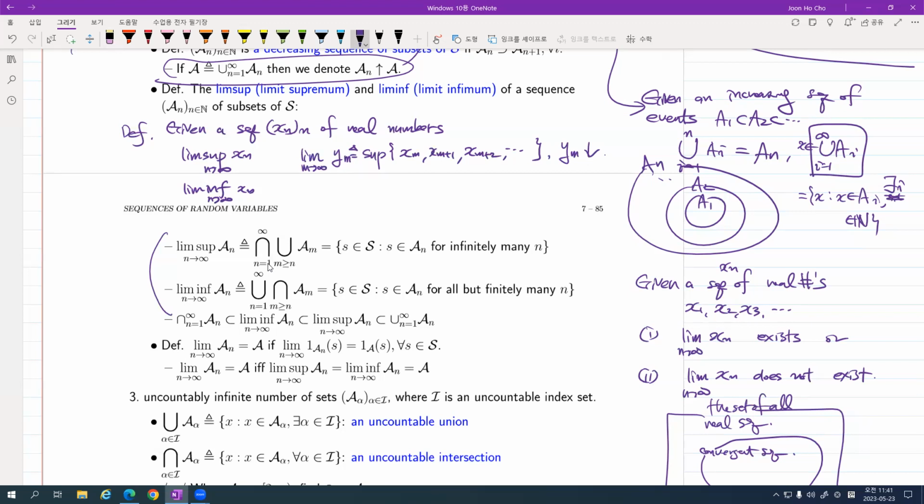And here goes a very interesting theorem or lemma from analysis. You have a monotone increasing sequence of real numbers. It either converges or diverges to infinity. It can never oscillate. If it is bounded, it always converges.